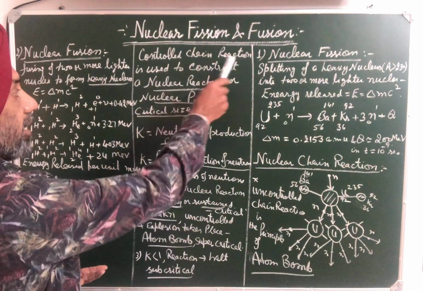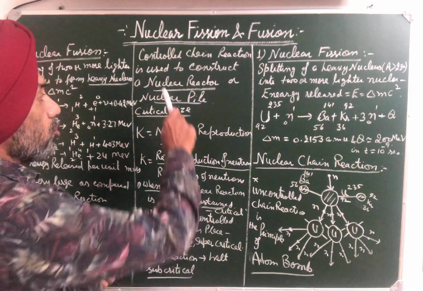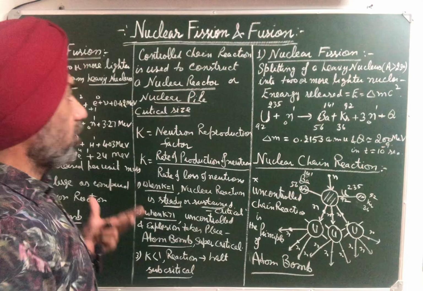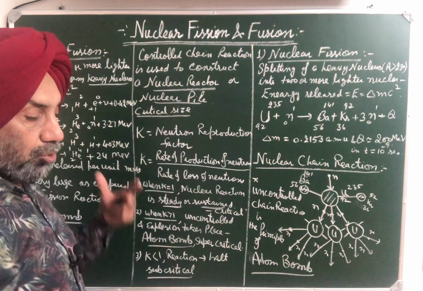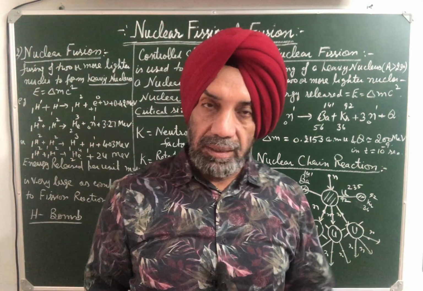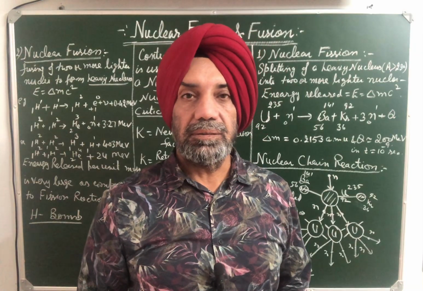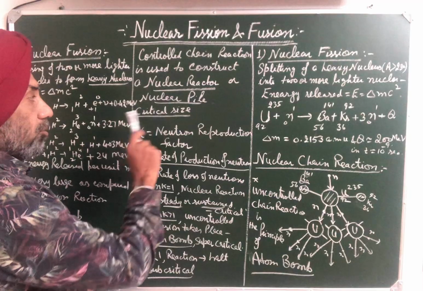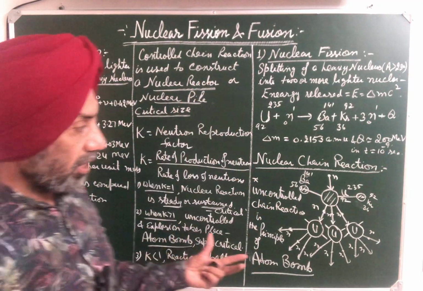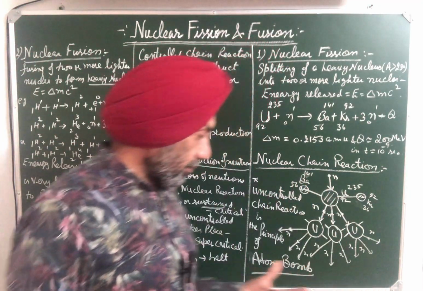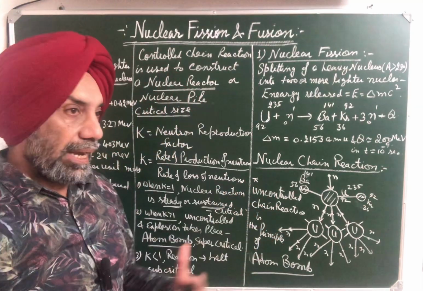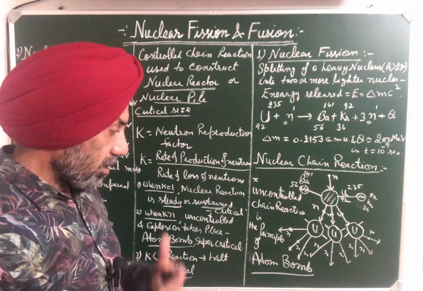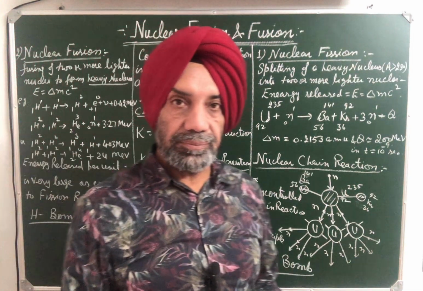So, a controlled chain reaction is used to construct devices like a nuclear reactor, which are used to generate electricity and other things. To control this nuclear chain reaction, for example, if we have to make a safe atom bomb, it does not explode automatically.